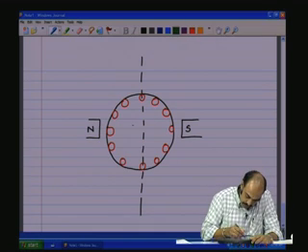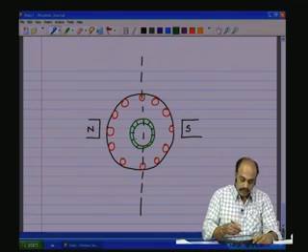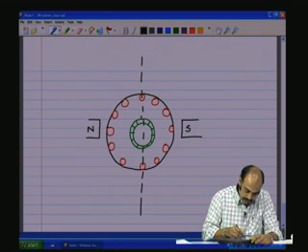Then let us have the commutator. So, the commutator is also in place. So, this is the commutator, and we also have the brushes in the neutral zone.